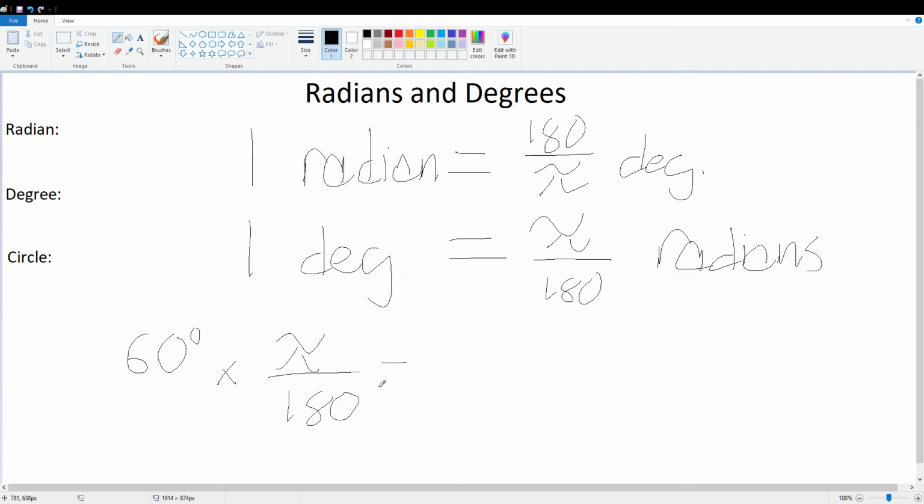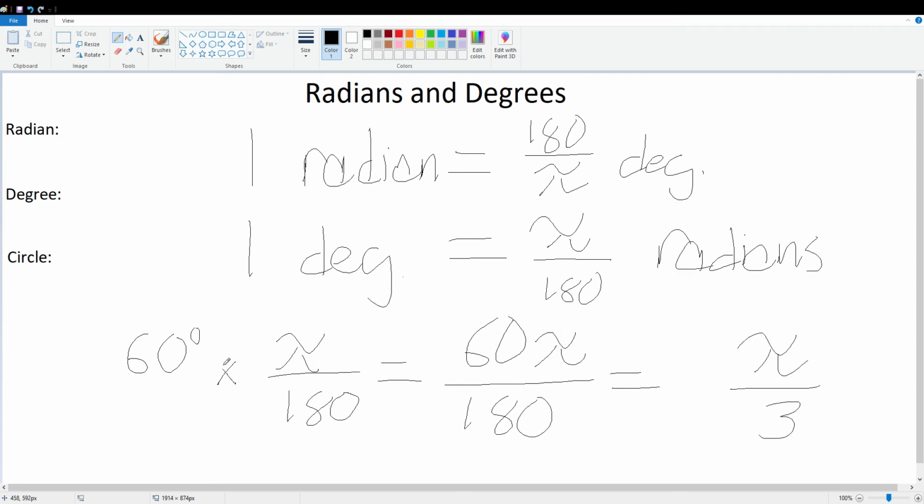That gives you exactly 60 pi over 180, which can be simplified to pi over 3 radians. So 60 degrees as radians would be pi over 3.